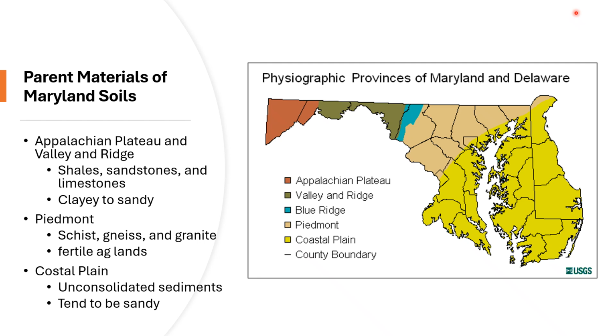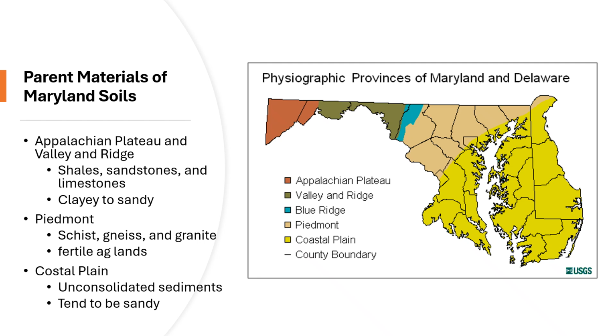So as you can see, even within a single state like Maryland, the underlying geology, the parent material, gives each region its unique starting point for soil development.